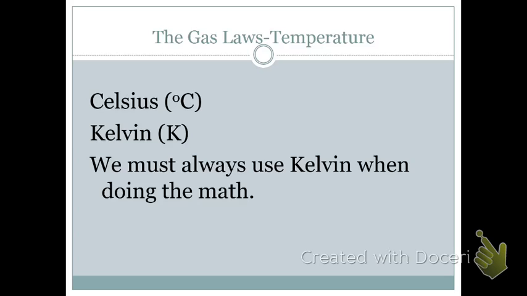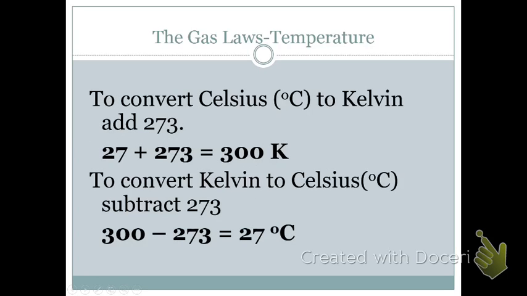So you have to know how to go between Kelvin and degrees Celsius. To convert Celsius to Kelvin, we add 273. Like the 27 plus 273 gives us 300 K. And to convert Kelvin to degrees Celsius, we subtract 273. Like the 300 Kelvin minus 273 gives us 27 degrees Celsius.